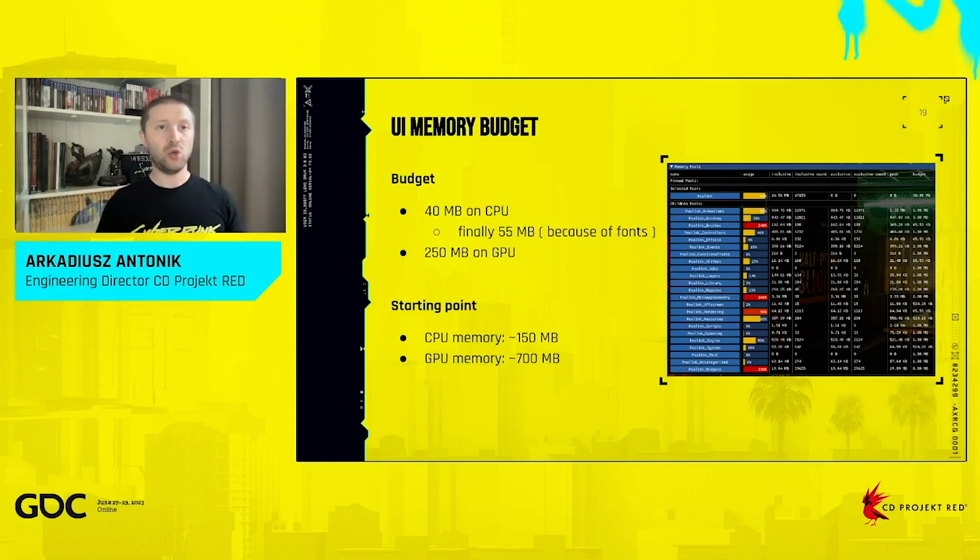Here, you see the challenge for us to go from the values we had when we introduced memory budgets to the final expected amount of memory. To monitor every little aspect of memory, we were using our internal debug tools, and one of them you see right now. This one is for tracking memory pools.